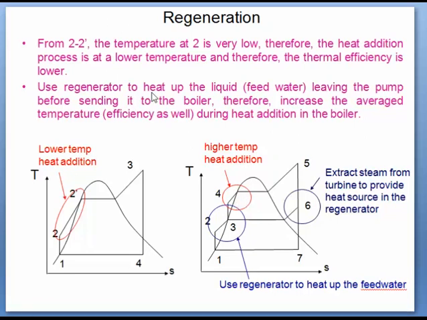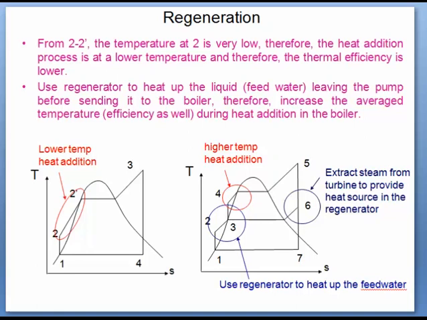In all the processes, one thing that is common is that we have to increase the mean temperature of heat addition, which will result in improved cycle efficiency. The regeneration process is also doing the same thing.